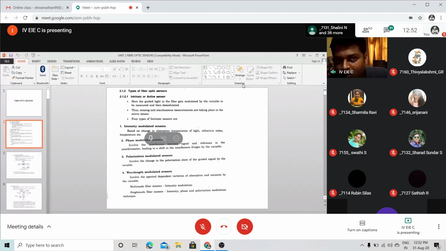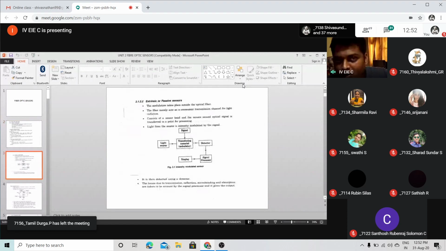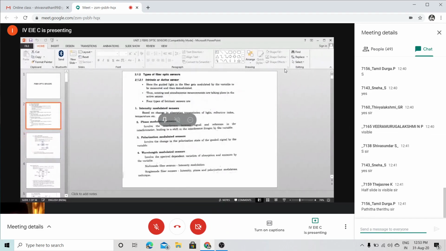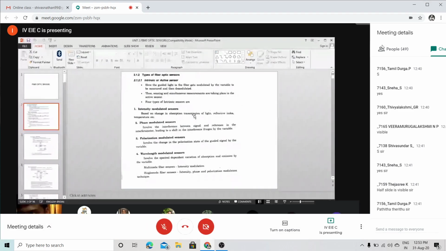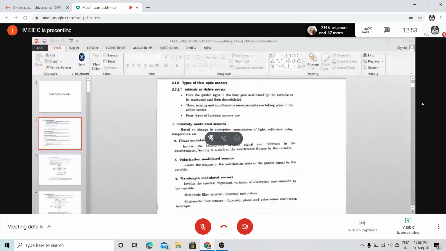So we don't find any changes in my light signal because of the variable that is going to affect my sensing element. In an extrinsic sensor, please understand that the modulation takes place outside the optical fiber, and the fiber merely acts as a convenient transmission channel for light radiation. So these are the two slides that we have completed today. Okay, so I think I have made my point clear. If you don't understand things, kindly put it over the chat, or else I could redo this again.